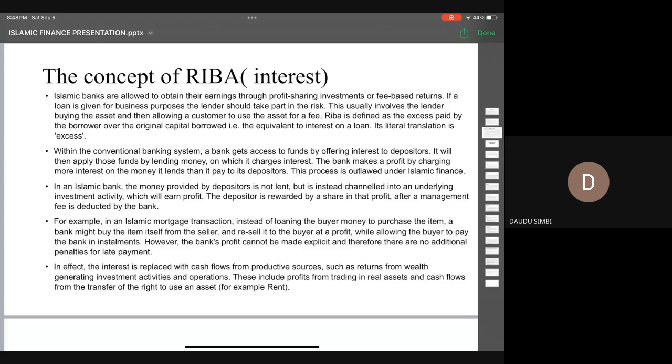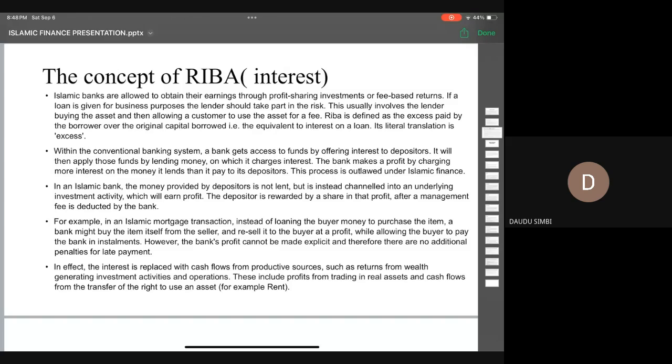For example, in an Islamic mortgage transaction, instead of loaning the buyer money to purchase the item, a bank might buy the item itself from the seller and resell it to the buyer at a profit, while allowing the buyer to pay the bank in installments. However, the bank's profits cannot be made explicit, and therefore there are no additional penalties for late payments.